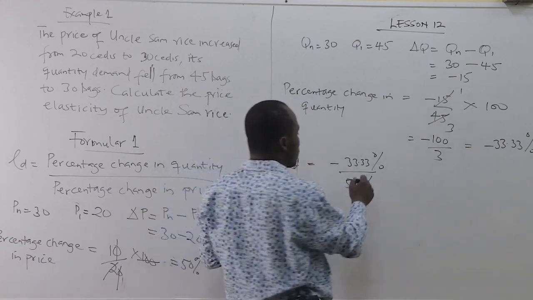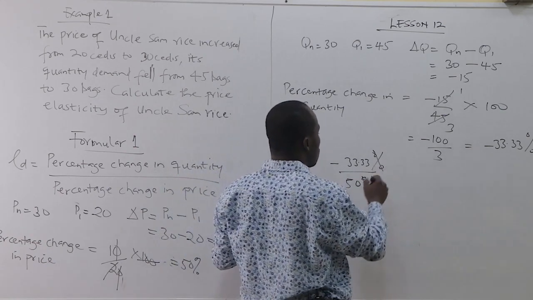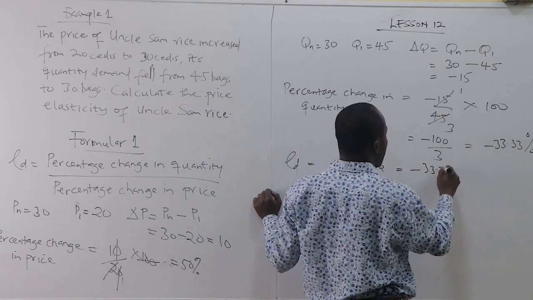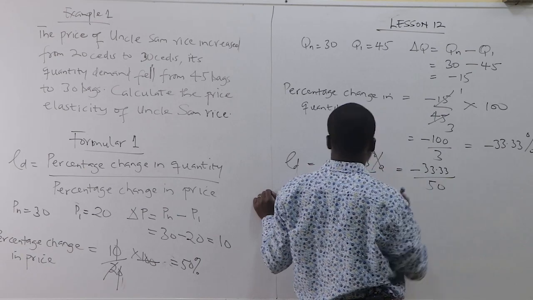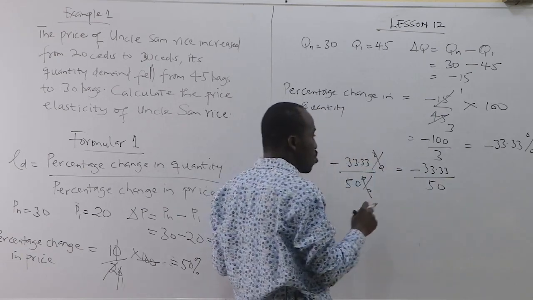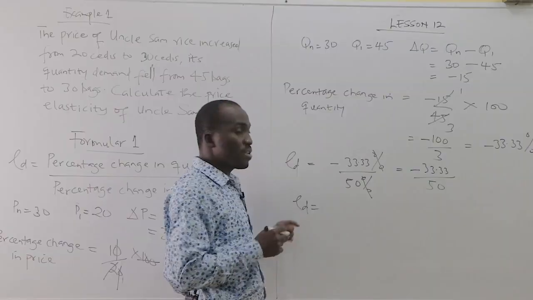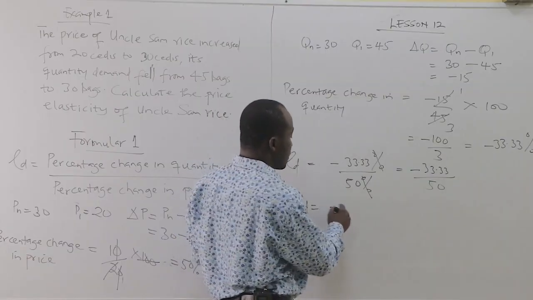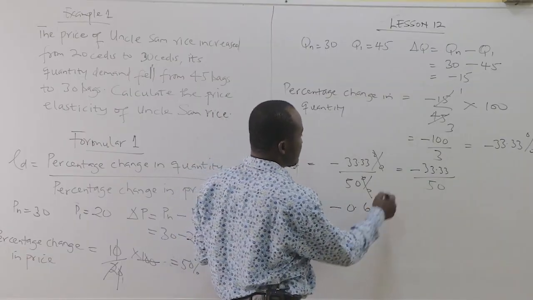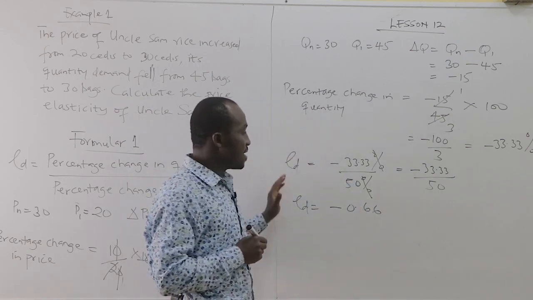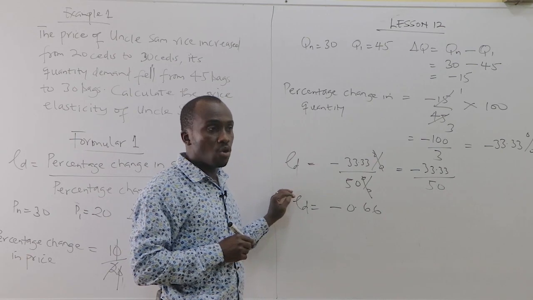So let's cancel the percentage. We have negative 33 over 50. You can use a calculator to punch and let's see what you get. If you divide it, you're going to get 0.666.